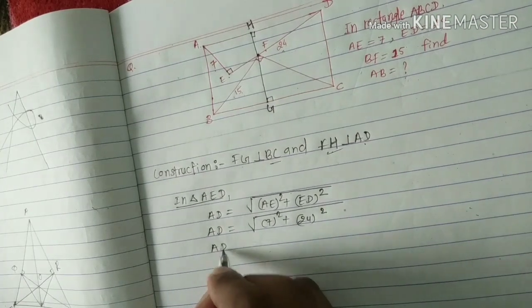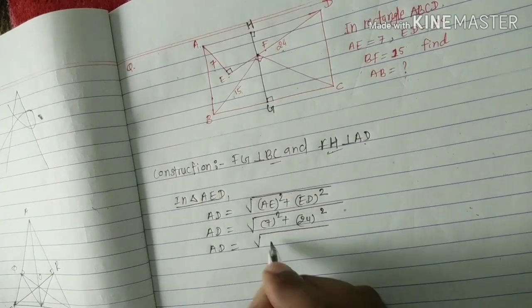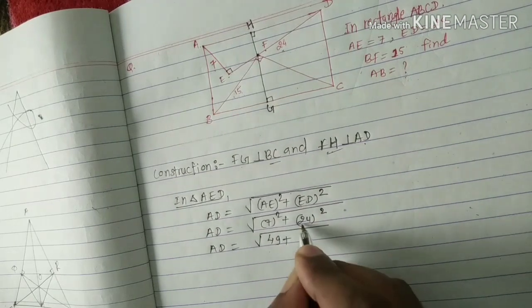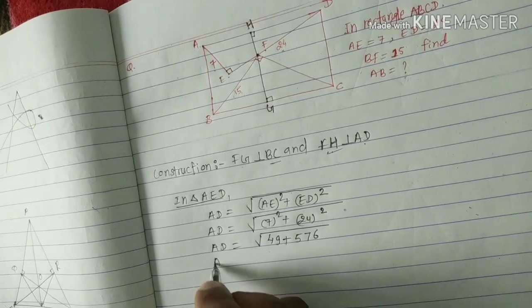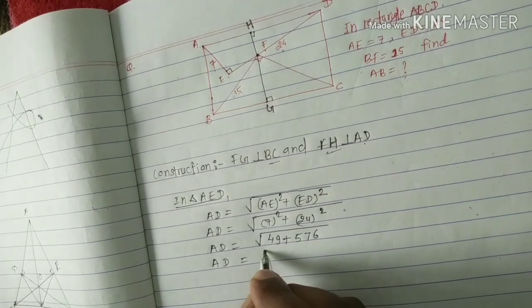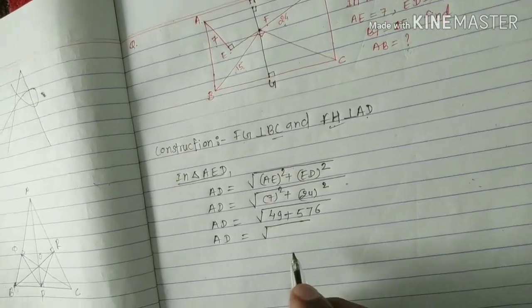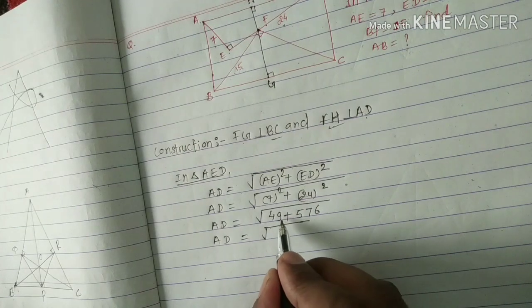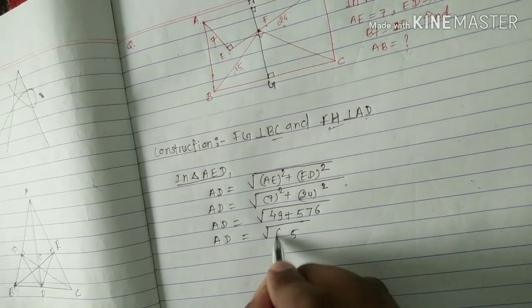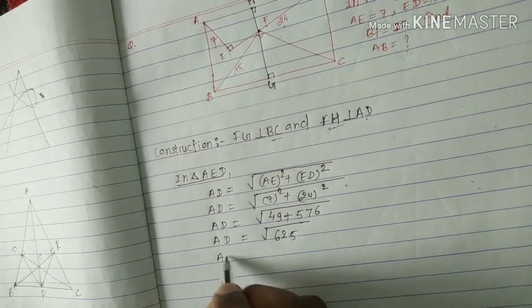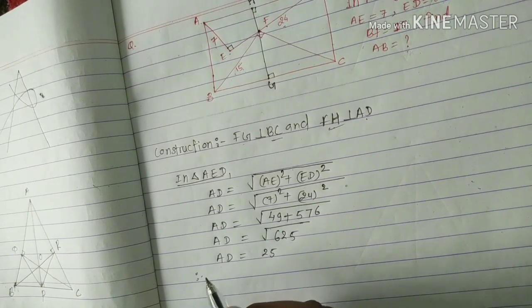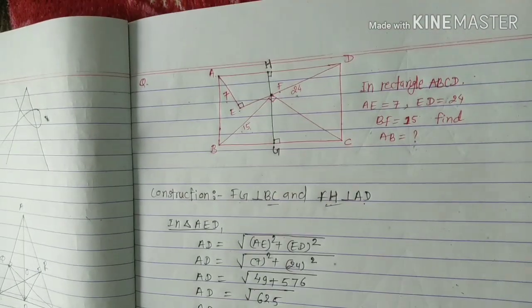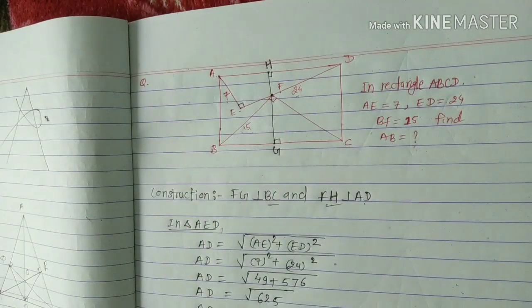Now AD is equal to 7 squared, which is 49, plus 24 squared, which is 576. If we add them, we will have 625, and the square root of 625 is 25. Therefore, the side AD we got here is 25.